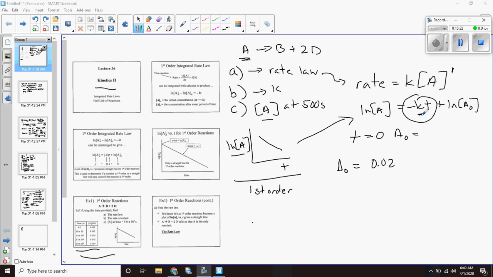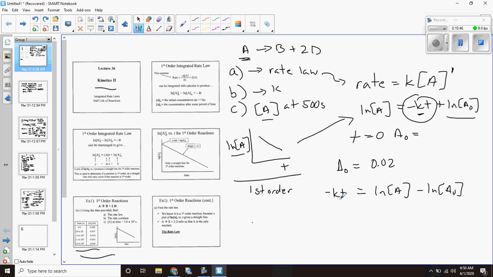Now we're trying to solve for k. So I suppose we need to get this expression kt to the other side of the equation. So to do that, I'm going to take negative kt and move this expression back over to the other side. Negative kt equals the natural log of a minus the natural log of a0.